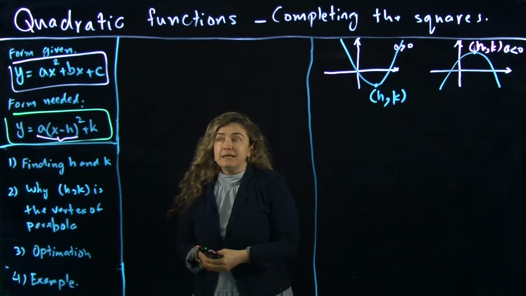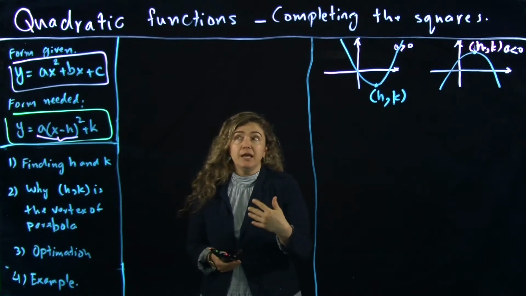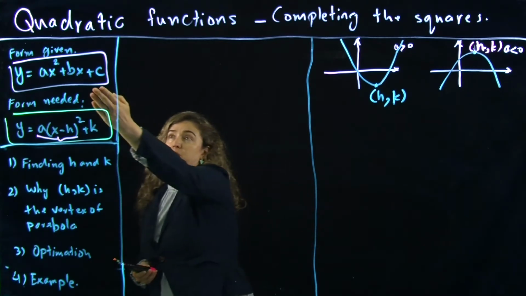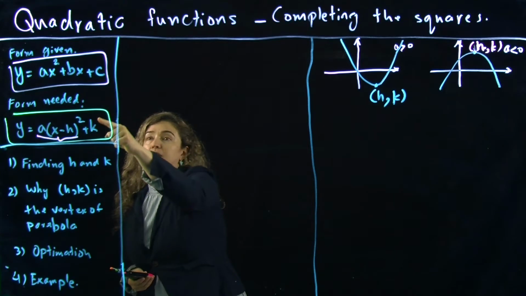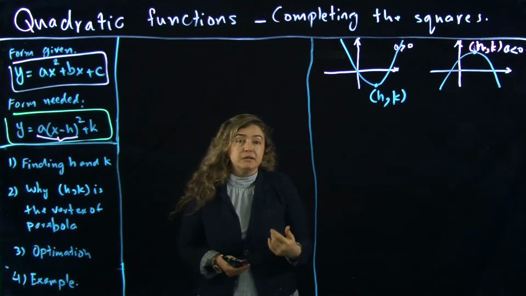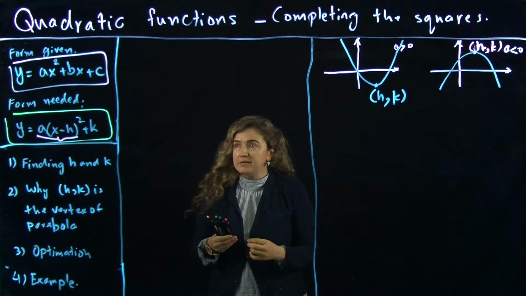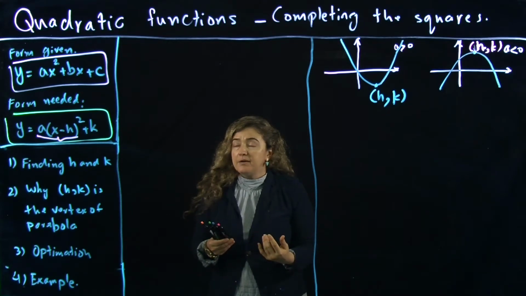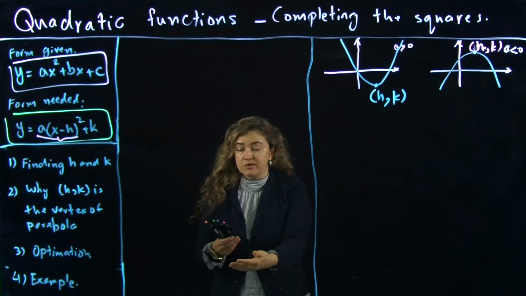The next thing is, if they give us one function in that format, we want to be able to convert it to the completed square form. And how do we do that? I will try to derive the formula first for you guys.